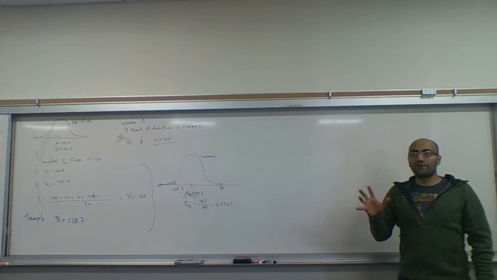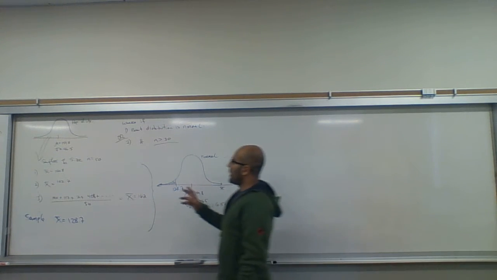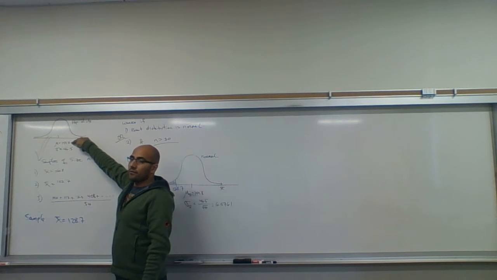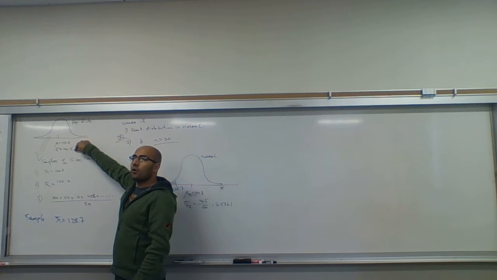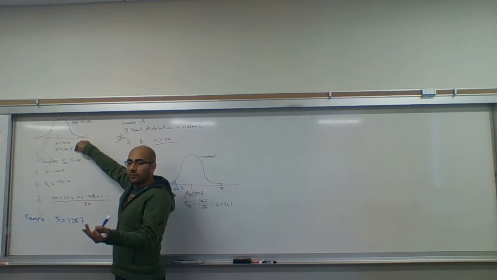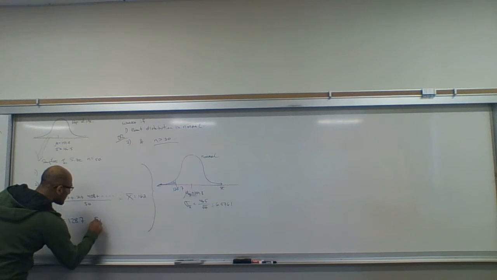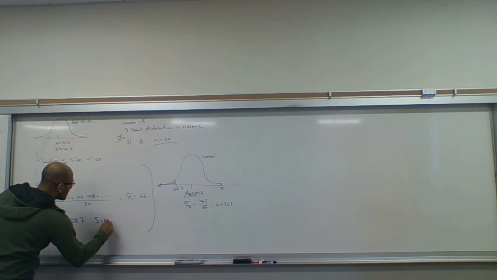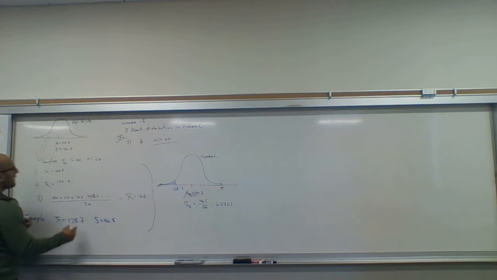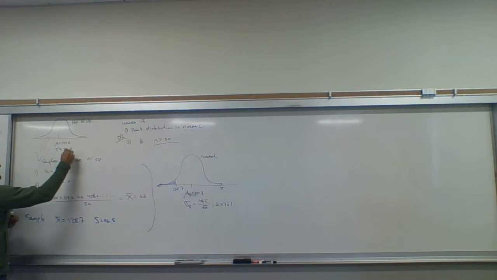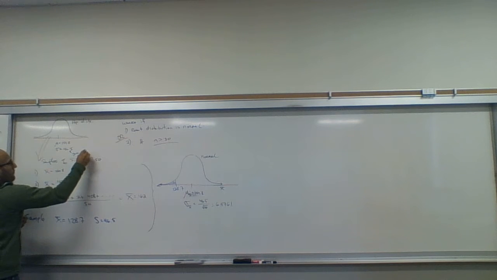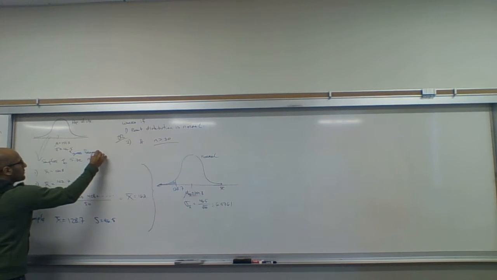One problem that we have to deal with, though. We assume this to be true, but then this one was not given to us. We have no assumption for it. The best thing we could do is go with our sample information. S was equal to 46.5. And that's what we used here. This was a guess from our sample.